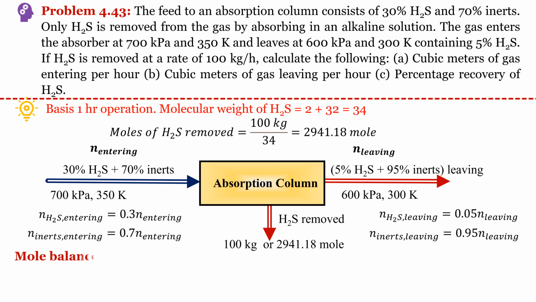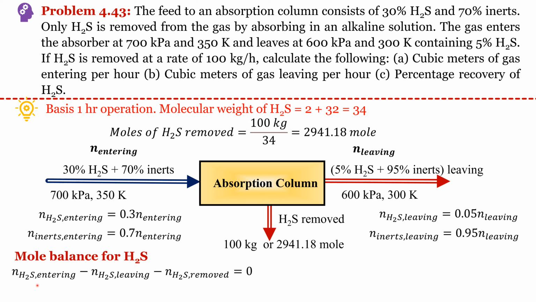Now we can do the mole balance. Mole balance for H2S: there is H2S entering and then leaving, and H2S removed. So we can simply apply how many moles of H2S are entering and how many moles of H2S are leaving.